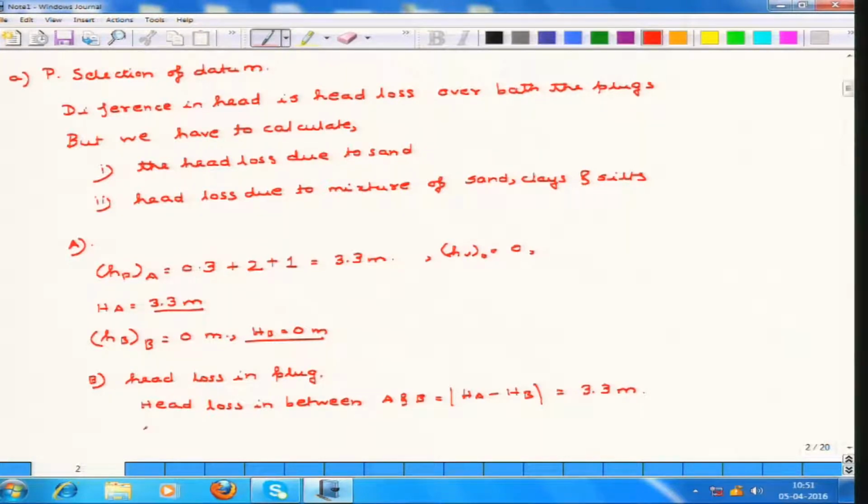Now, let us consider that delta H1 is the head loss, L1 is the length, K1 is the coefficient of permeability.